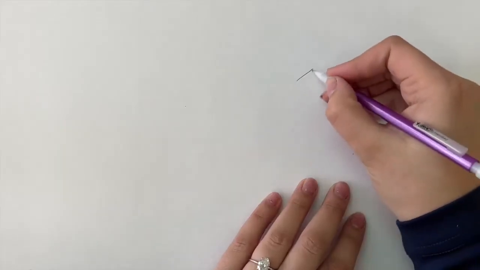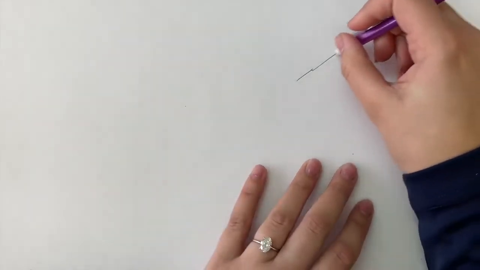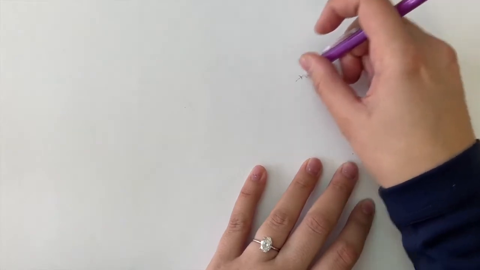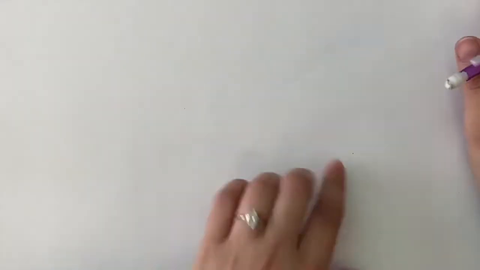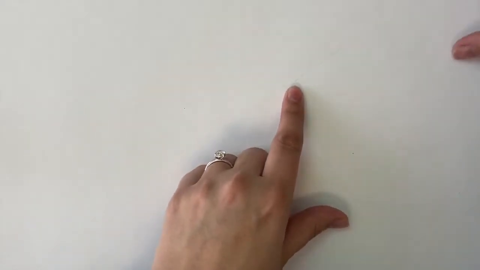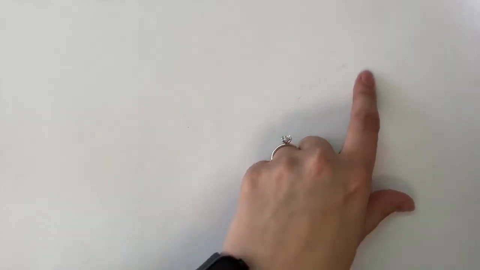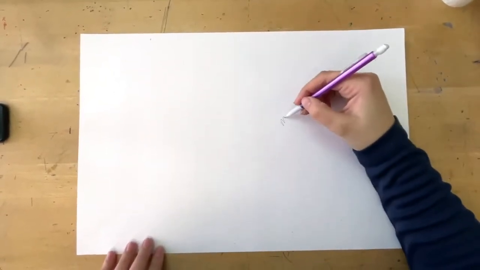If you work lightly, those lines will disappear. If you press hard, those lines are hard to erase. And I'm pressing pretty hard, getting the eraser. You can still see that line in there. We don't want that line in there, okay? Work lightly. So I'm gonna make this side the back of my paper.